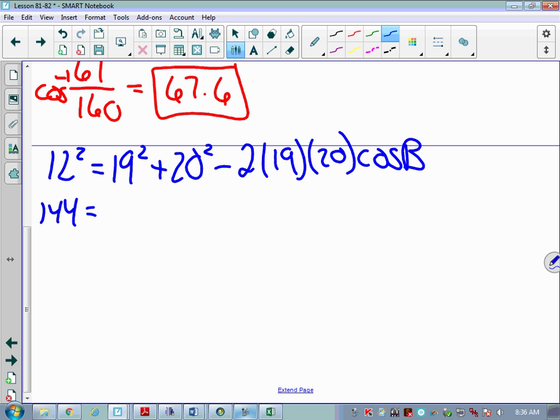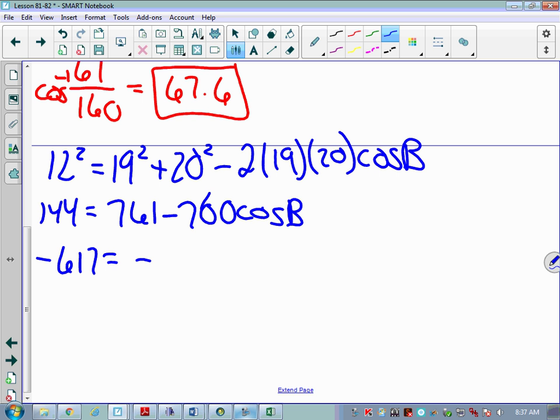And we're going to get 761 out of 19 squared plus 20 squared minus 760 cosine B. Subtract 761. You're going to get negative 617, minus 760 cosine B. Divide.